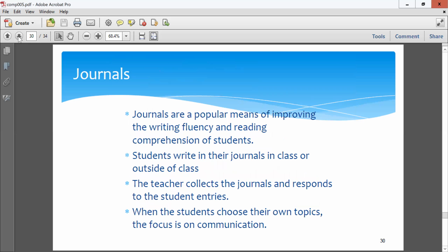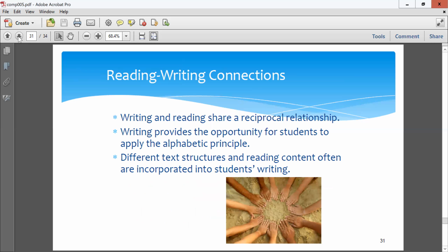It could be a science journal where they're keeping their knowledge in one organized place, or a math journal. There are just a lot of ways of using journals, and they're very effective for ELs. So making that connection, that reciprocal relationship between reading and writing, and providing the opportunity, and looking at different types of text structures and reading.